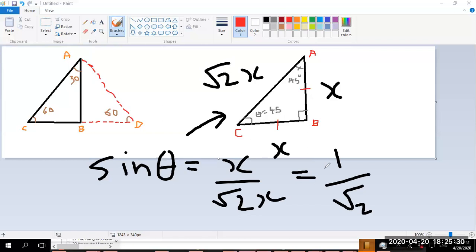And what would be cos theta? Cos theta will be x over root 2 x, which is also 1 over root 2. And theta is 45 degrees here. So we have just proved from scratch that sine 45 degrees equals 1 by root 2 and cos 45 degrees equals 1 by root 2.